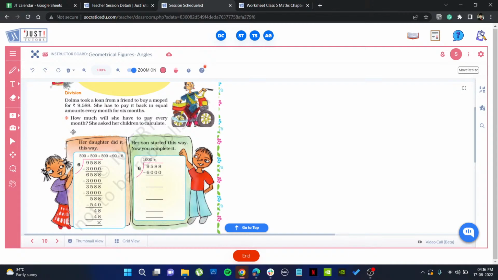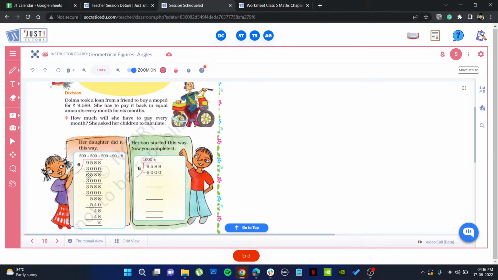She asked her children to calculate. For that, we can see two calculations here. Her daughter did it in this way.